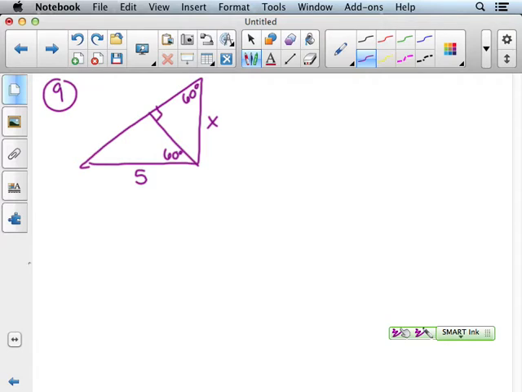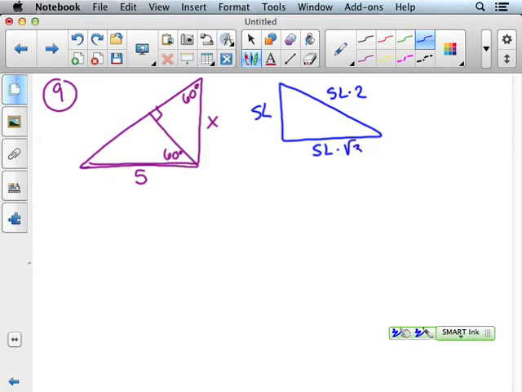So if we redraw this, we think about it, this is our hypotenuse here of a 30, 60, 90 triangle. So remember your ratios. In a 30, 60, 90 triangle, go short leg times 2, and short leg times square root 3. So here we have the hypotenuse is 5, and so I want to figure out my short leg so that I can come back over here and do x.